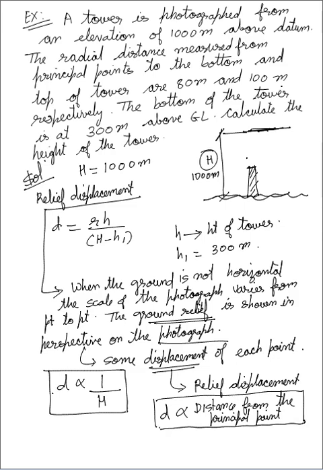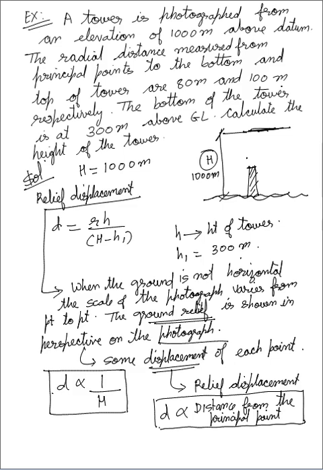Right? So here we have seen the formula. Relief displacement d is equal to small r into h upon capital H minus h1. h1 is 300 meter, which is the bottom height above ground level. So they have given both the heights.